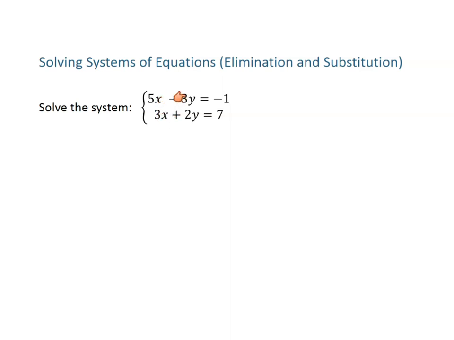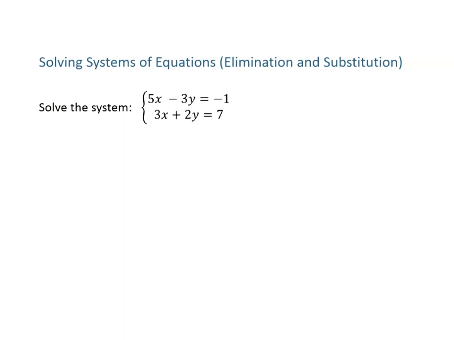So for this negative 3 and this positive 2, I could turn these into a negative 6 and a positive 6. Because if I had those opposites, then I could add them together and cancel out one of my variables. In order to get this term to be a negative 6, what would I have to multiply by?